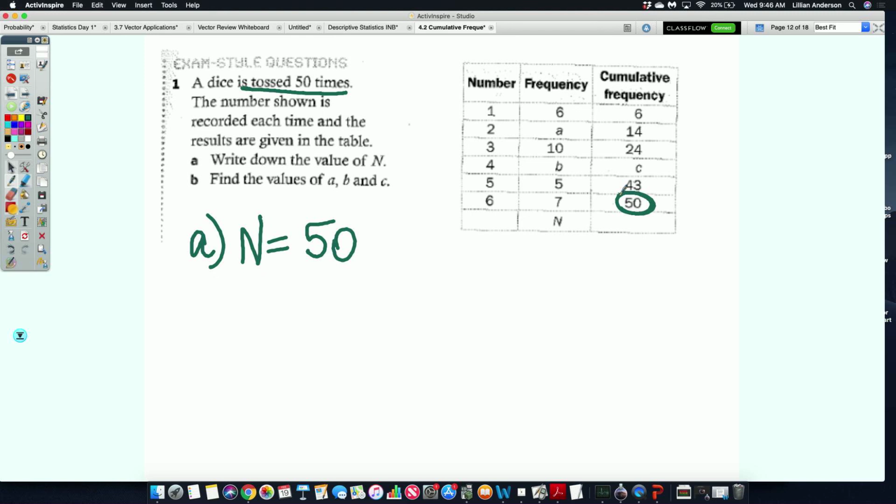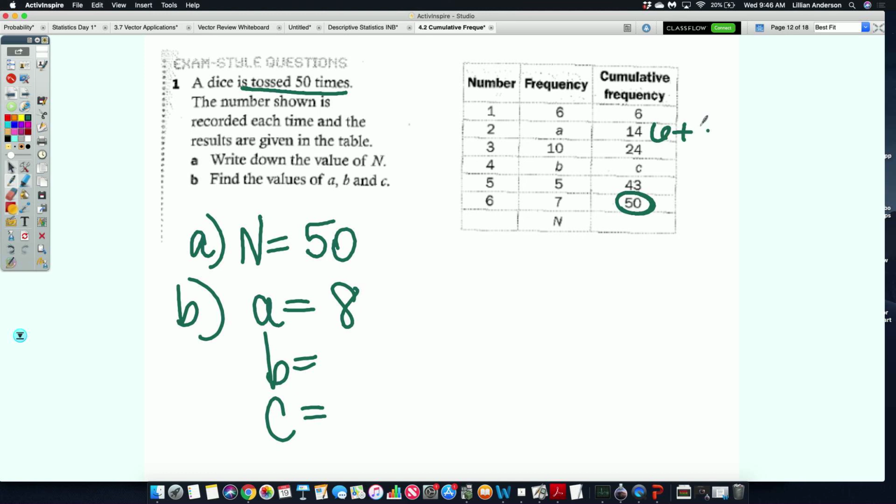Every time. Okay? So now we have to write down the value of A, B, and C. A is the frequency for number 2. What was the value of A? 8. Because remember, in order to get 14, I have to add 6 and the next value to get 14. And so A would have to be 8.